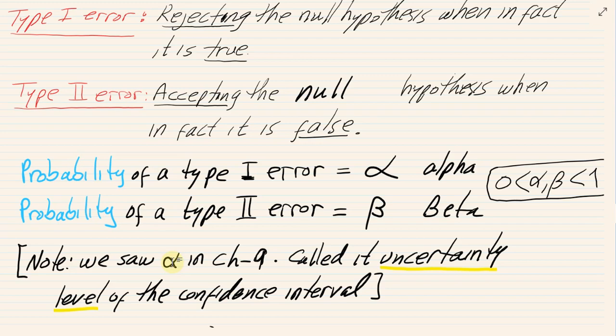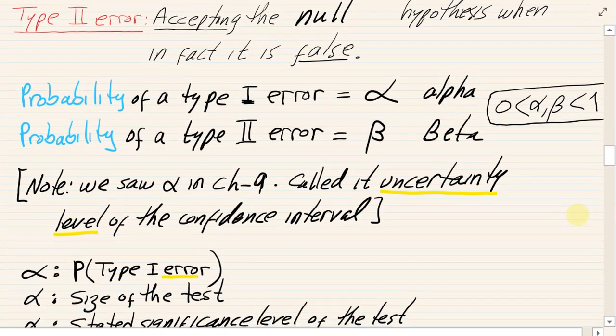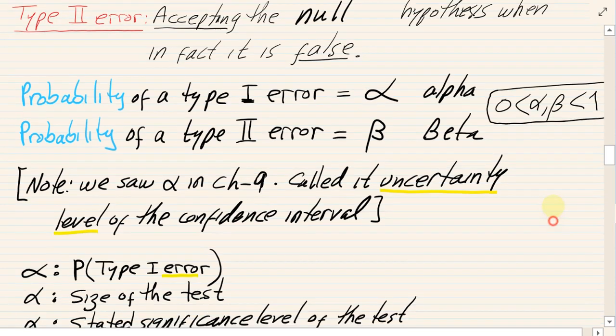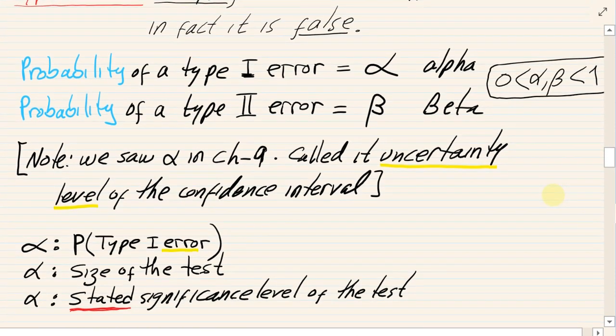Here it's a terrible thing because, again, an incorrect decision could be made. So alpha is called probability of a type 1 error. And also alpha is known as the size of the test. And alpha is called the stated significance level of the test. So what's going to happen now is this.